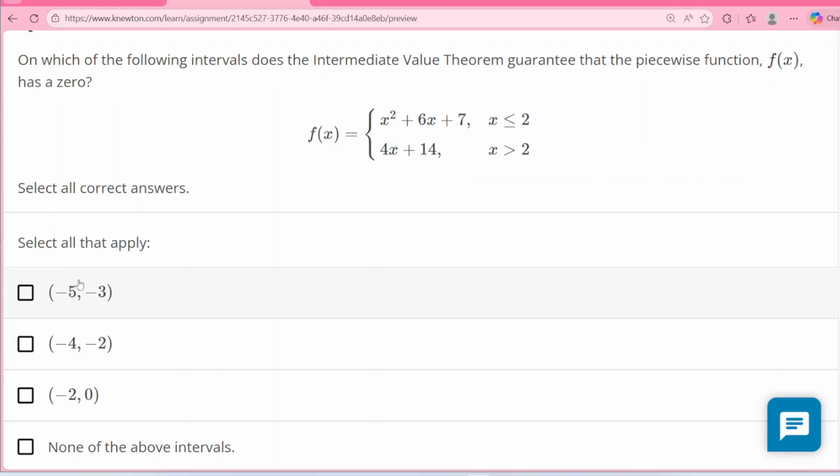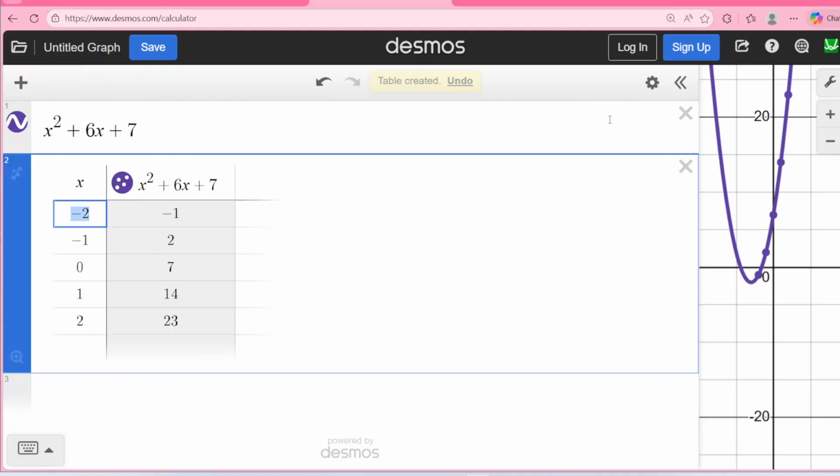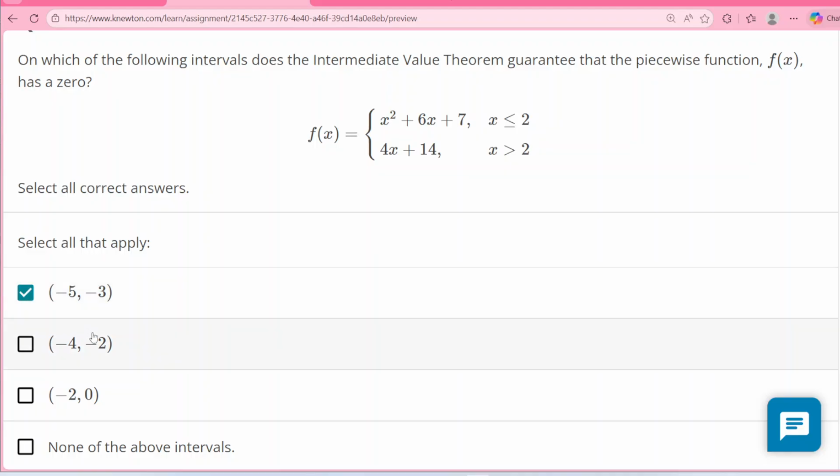So I'll put in negative 5 and negative 3 in a table. Here's negative 5, so the output is positive, and then negative 3, the output is negative. And since this is a polynomial piece, we're continuous here, so the graph is guaranteed to have a 0 in that interval. So I'll check that one.